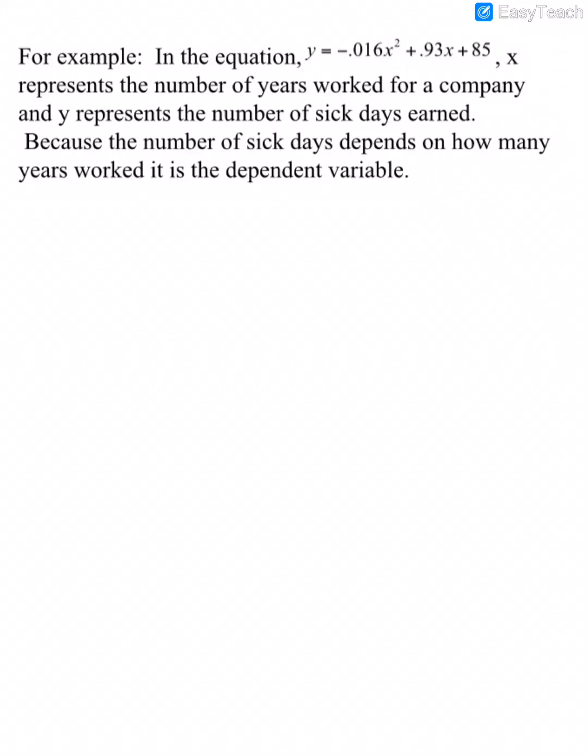So if we were to take the number of years worked and plug it in to these spots where the x is located and solve it, that would determine how many sick days we've earned. So y depends on x. Y is our dependent variable, x is our independent variable.